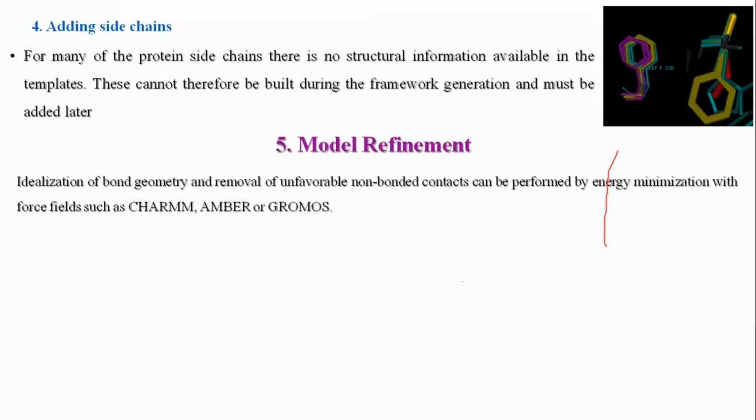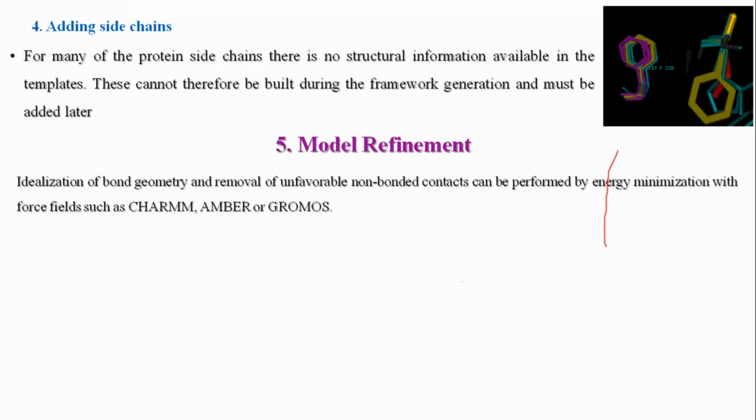For energy minimization, we need a force field. Force field is another important topic. Using a force field, energy minimization is done, and we have many types of force fields like CHARMM, AMBER, GROMOS, and OPLS 2005 and OPLS 2007 versions.